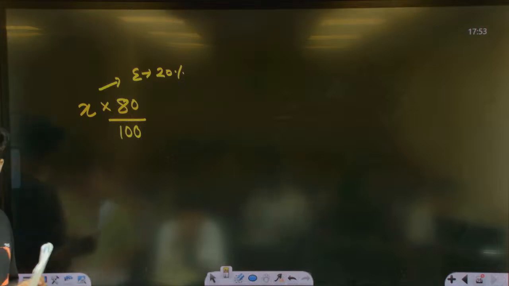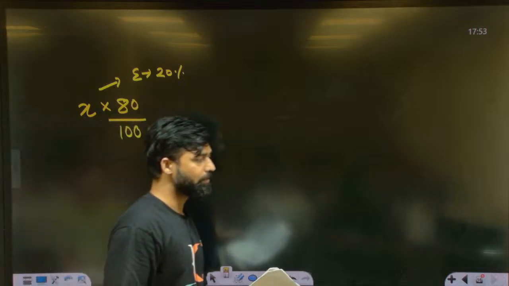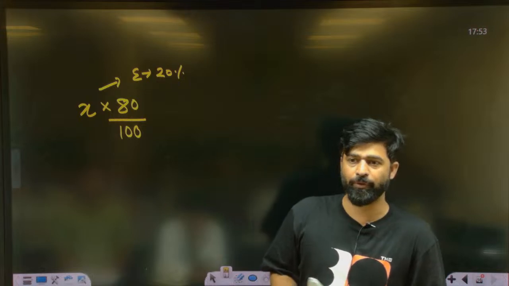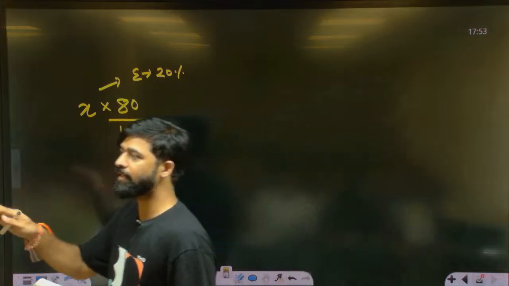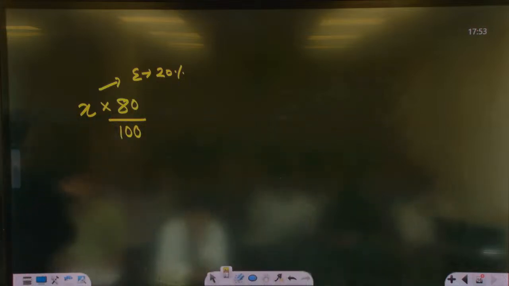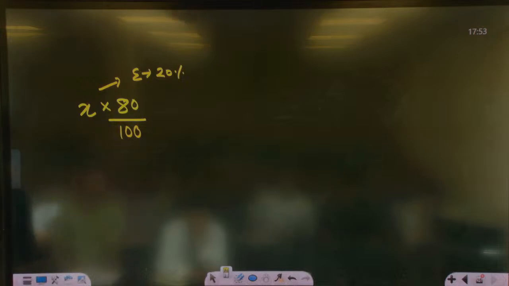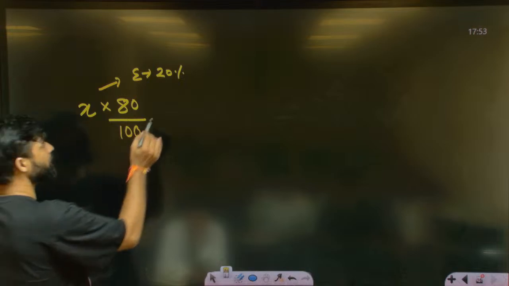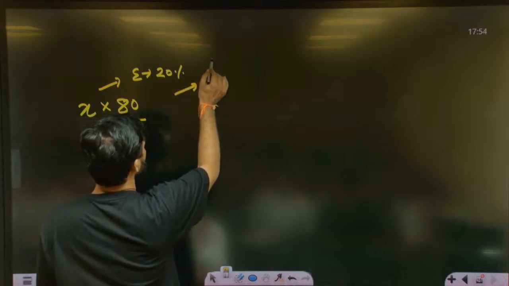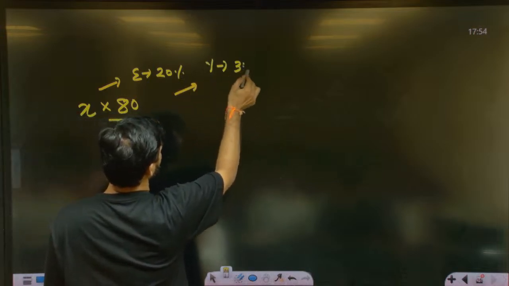Because he has given 20% to his elder son. So before giving the amount to his younger son, he is left with 80% of his wealth. And he has given 30% of the remaining to his younger son. So out of this 80%, he has given 30% to his younger son.